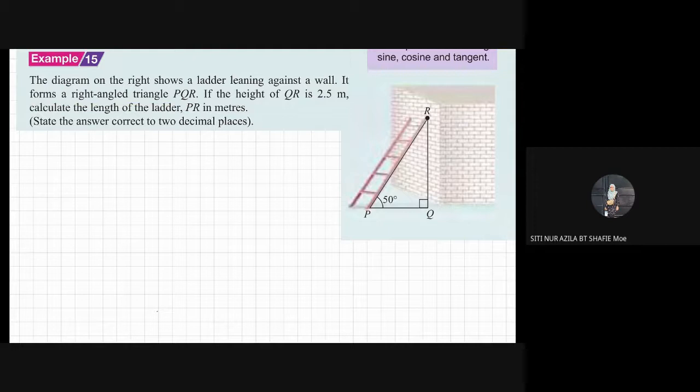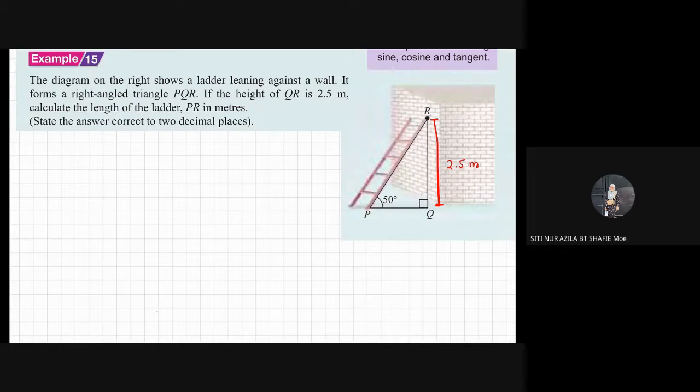So as you can see here, the ladder leans against a wall and then it forms a right angle triangle PQR, which has a 90-degree angle at point Q, and then a 50-degree angle at point P. If the height of QR is 2.5 meter, so mark in your diagram, the height for QR is 2.5 meter. Calculate the length of the ladder PR in meters.